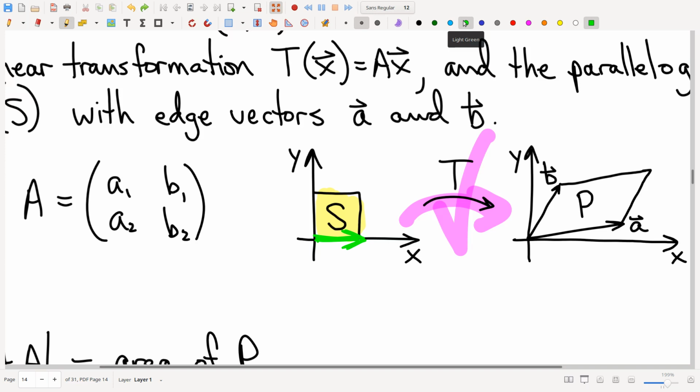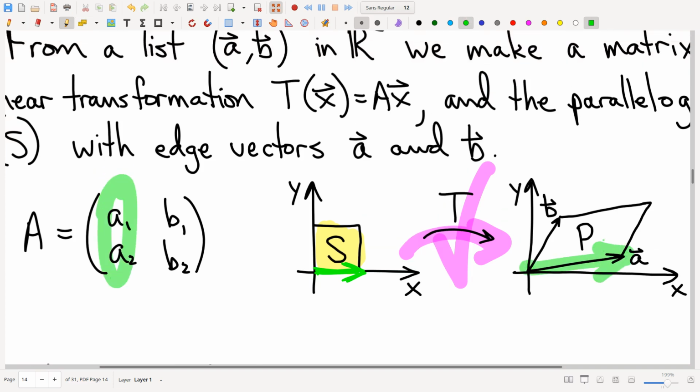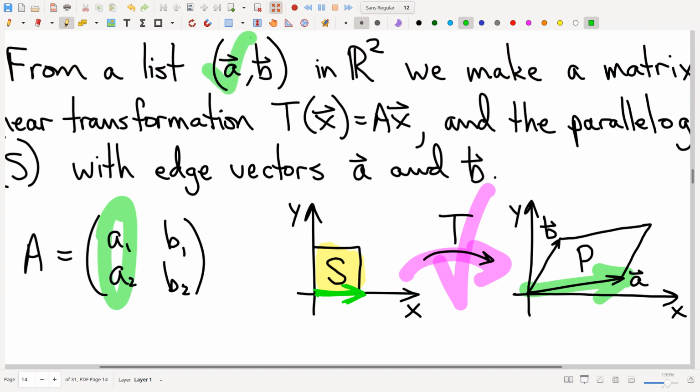It's a reminder of one of the important fundamental properties of the relationships between matrices and linear transformations. The columns are the images of the standard basis vectors. So the image of E1, namely the image of that first edge, is this first column, which of course is the first vector in the list.